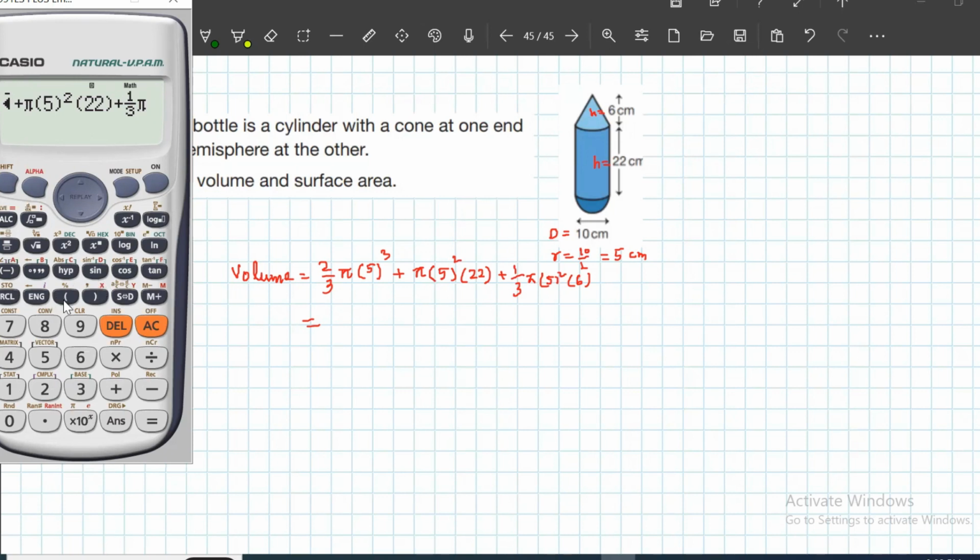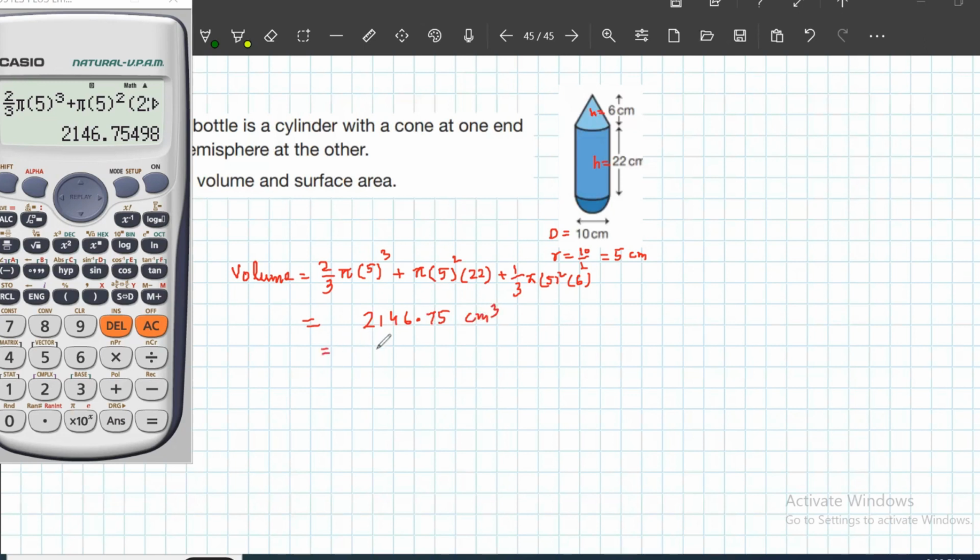We have r squared, which is 5 squared, and lastly we have 6, the height of the cone. Press equal, so we are getting 2050 over 3 pi, which is 2146.75, in centimeter cube.